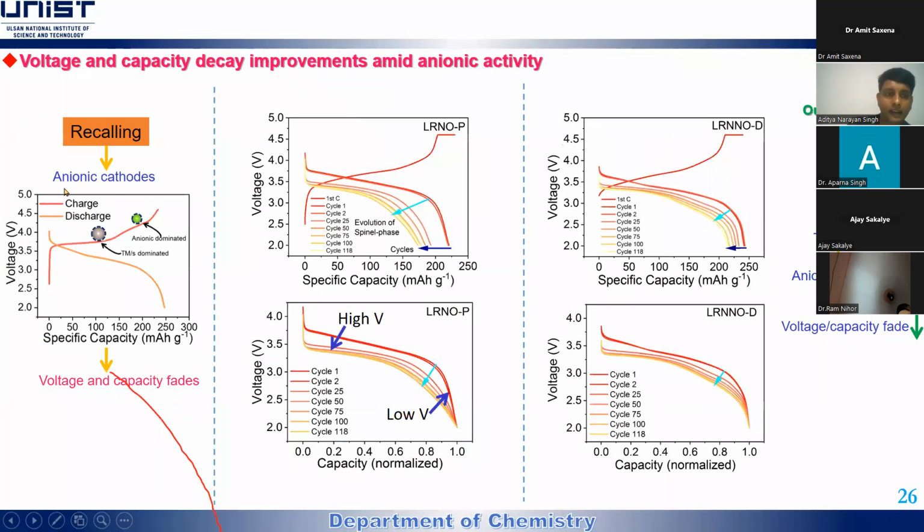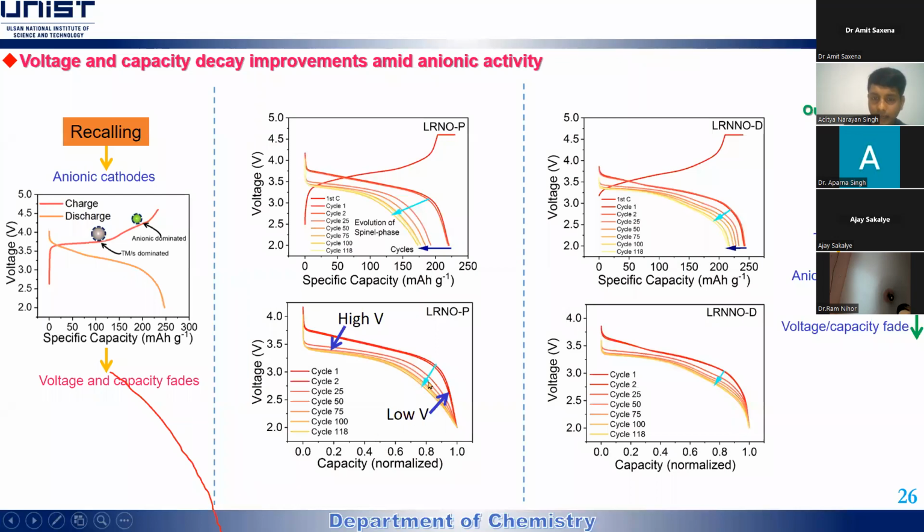So as I mentioned, the anionic activities are activities apart from the transition metal capacity-giving properties. One could see that at higher voltages, anionic dominated species get active. This graph will be more clear, I guess. So this is a normalized capacity.